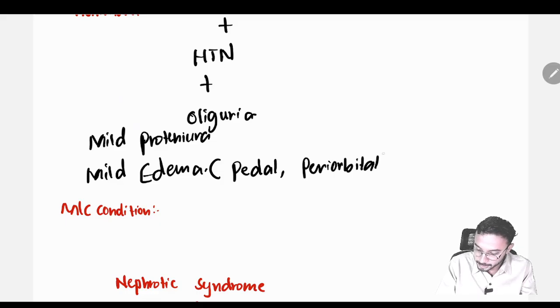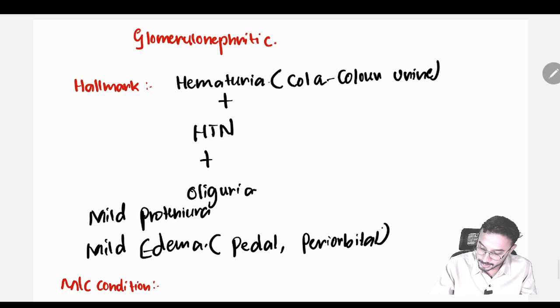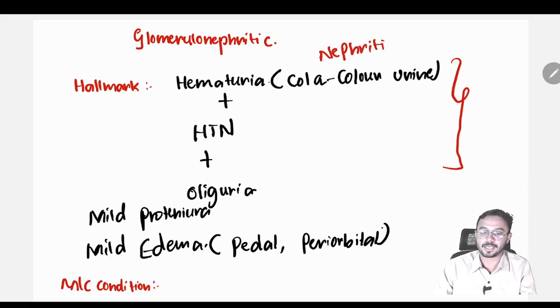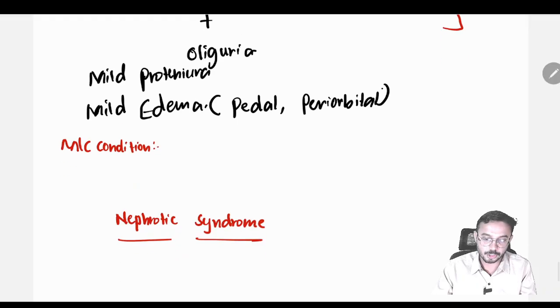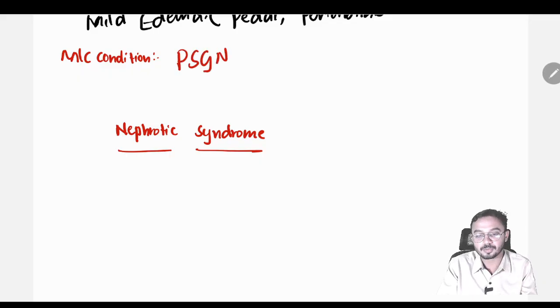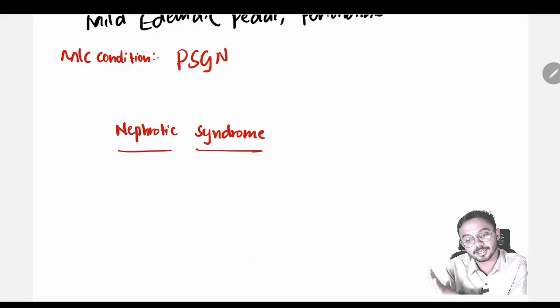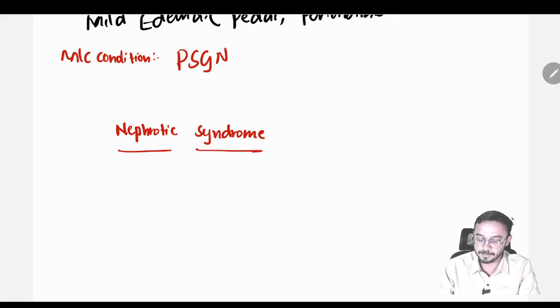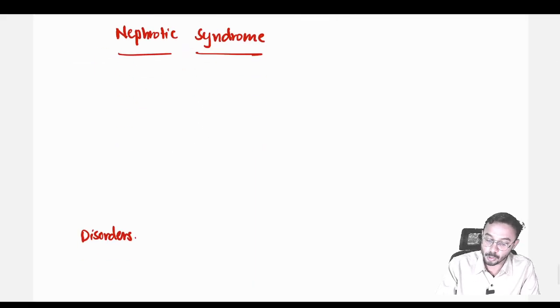These upper 3 points which I have written are the characteristic features you will find in nephritic syndrome. And the most common condition associated with this is PSGN, post-streptococcal glomerulonephritis.